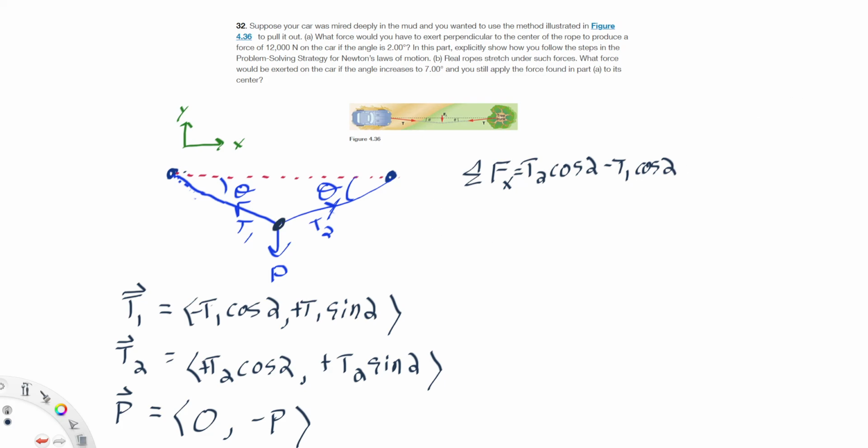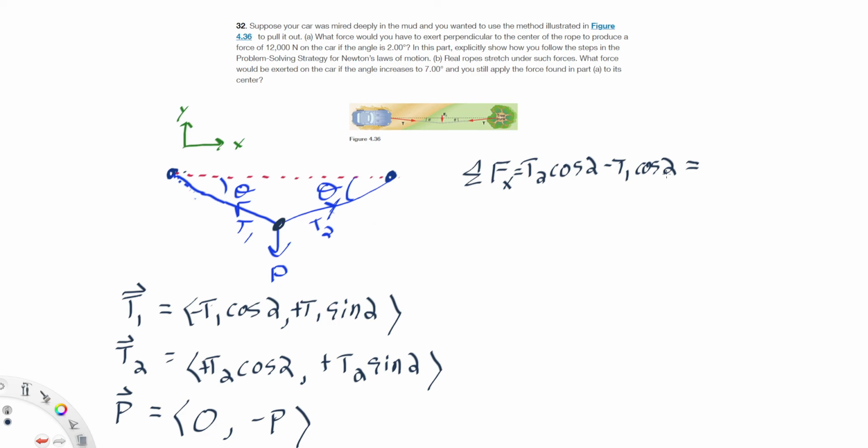So sum of forces in the x direction. Do we expect that to be 0 or not 0? What I'm thinking is not 0, so that we actually move the car out, right? Because if it's 0, then we're stationary, and we're trying to get the car out.